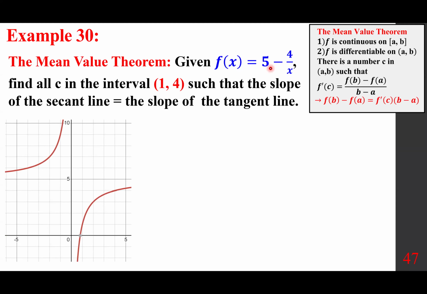In the meantime, 1 is here, 4 is here. At 1, if I plug in 1, I get 4 over 1, 4, 5 minus 4 is 1. So I hope you see that as (1, 1), just in case.